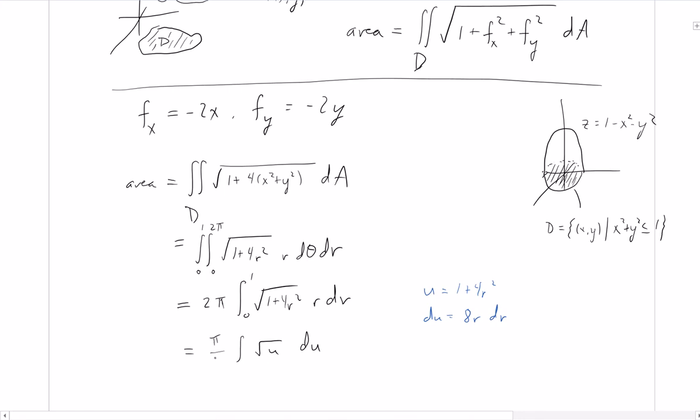So this becomes pi over 4. And what are the new bounds? When r is 0, u is 1. And when r is 1, u is 5.